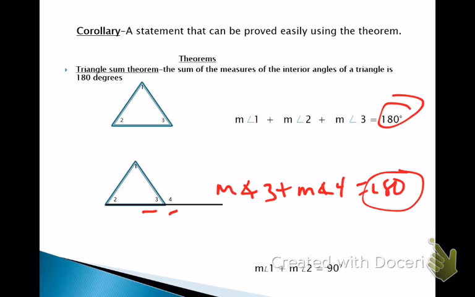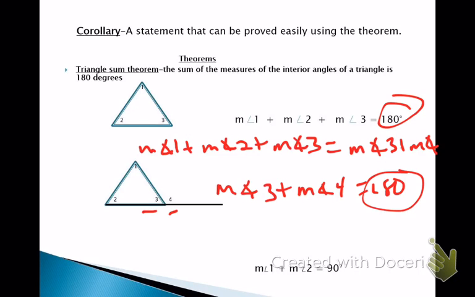I've got two different things that are both equal to 180, so I can combine those. The measure of angle 1 plus the measure of angle 2 plus the measure of angle 3 is equal to 180, and since 3 plus 4 down here is equal to 180, then I can set those two equal to each other by using transitive or substitution, whichever one you like.